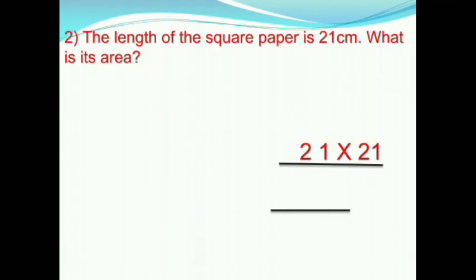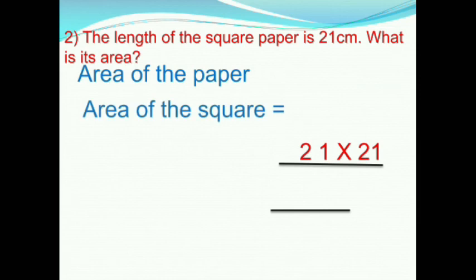Now we will solve another word problem. The question is, the length of the square paper is 21 centimeter. What is its area? First we should write area of the paper. This paper is in which shape, children? Yes, it is in square shape.